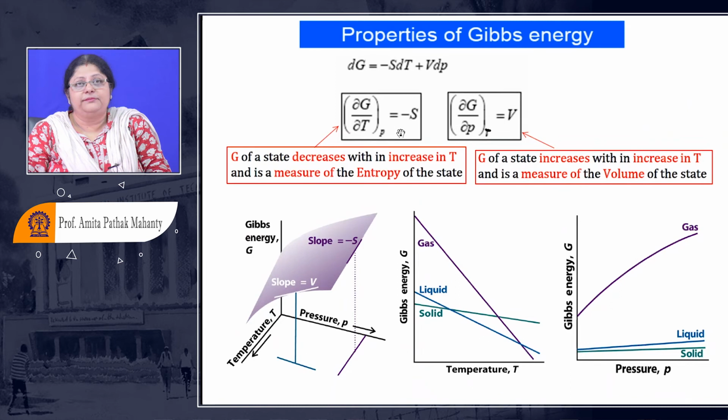This minus sign does not represent that the entropy is negative. It means that G is decreasing with increase in temperature at constant pressure. So G, a state function, decreases with temperature, and it is a measure of the entropy of the state.